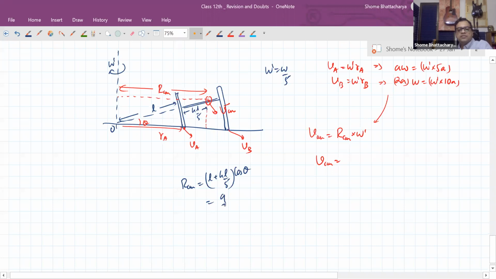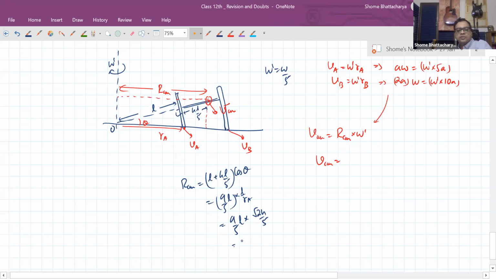So that will become 9 by 5 L, and cos theta was L by Rn, which was nothing but root 24 by 5.